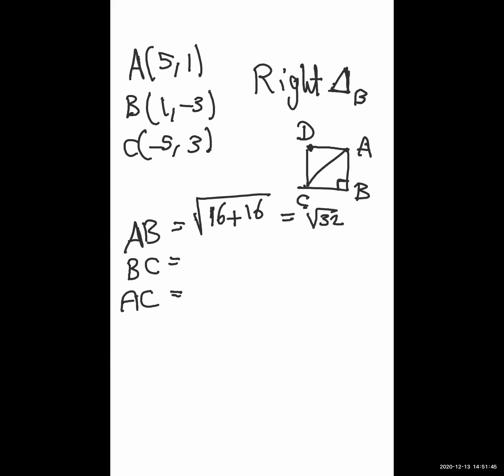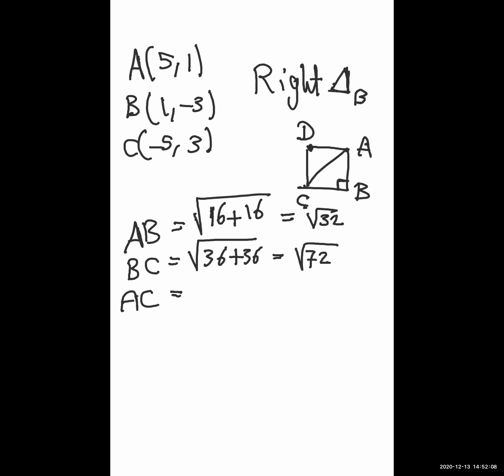Okay. Then BC. 1 minus negative 5, so it will be 6 squared, 36. Negative 3 minus 3, so it will be negative 6 squared, which is 36. So BC equals the square root of 72.